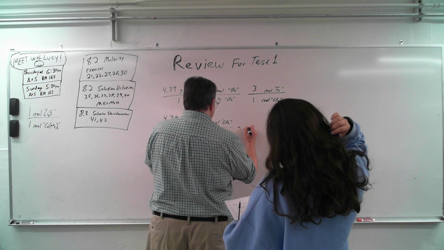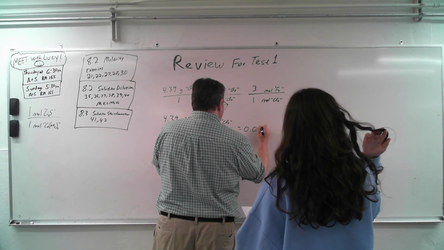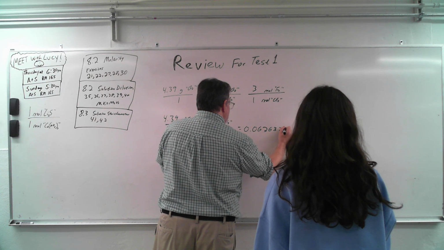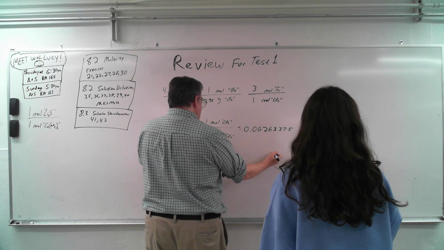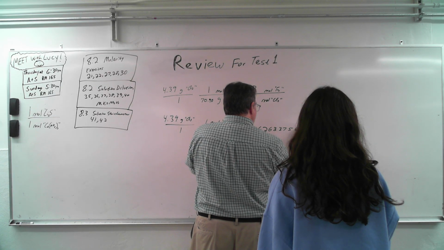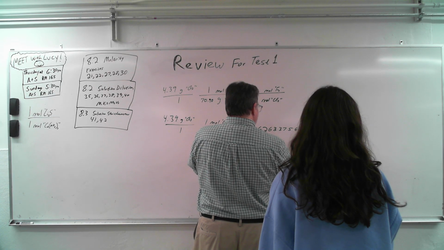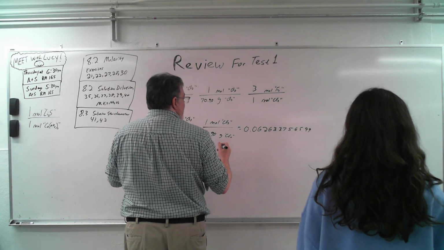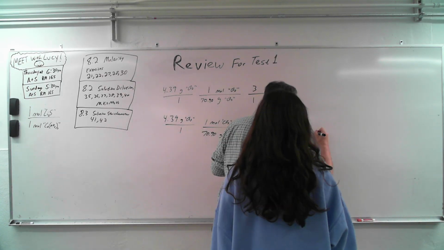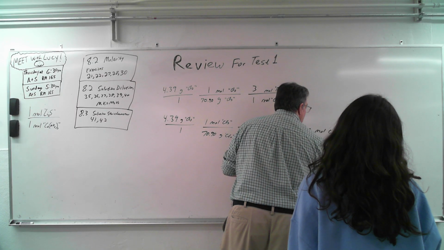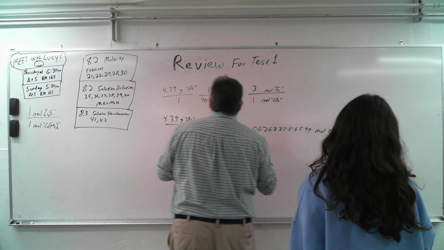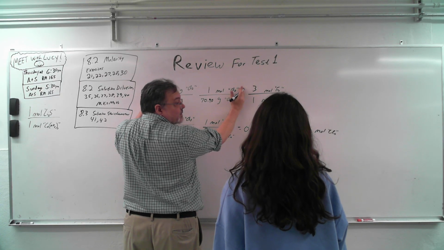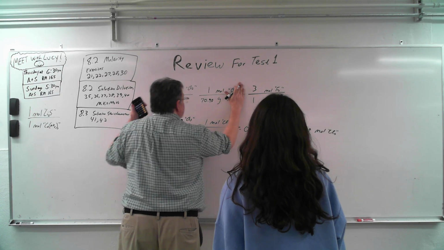You want to keep as many digits as you can stand to write down when you do a piecemeal like this, so you don't lose any accuracy. Maybe not all digits, but at least 6 or 7. If you kept all of that, that's in moles of Cl2: 0.06263 and so on moles of Cl2.